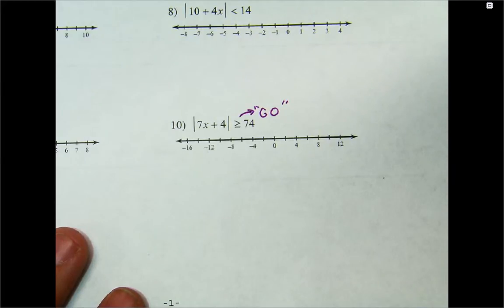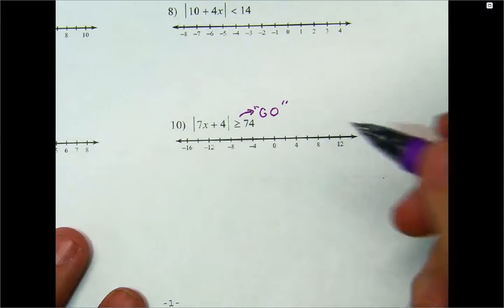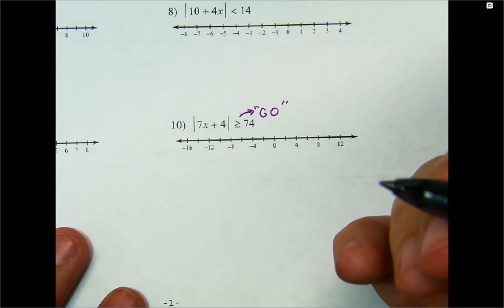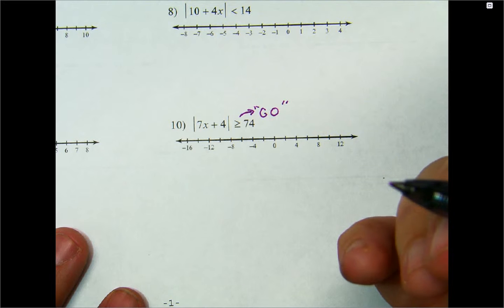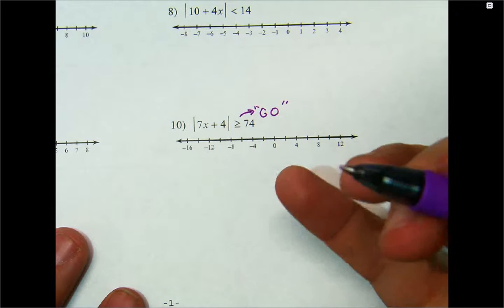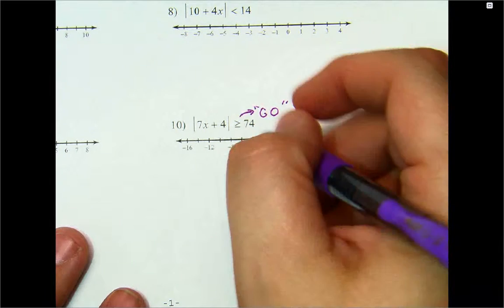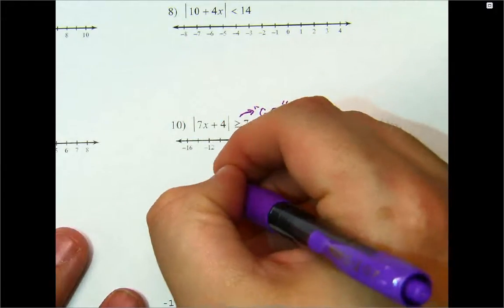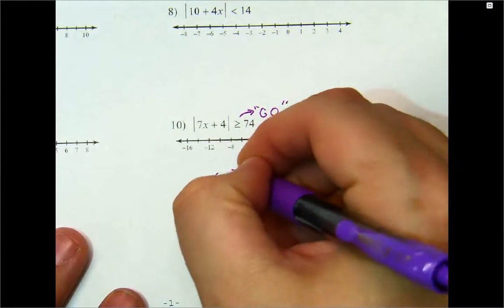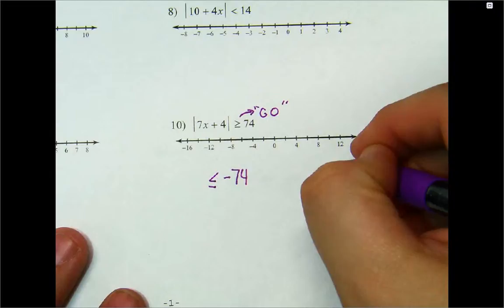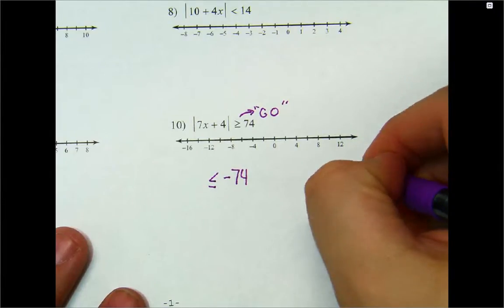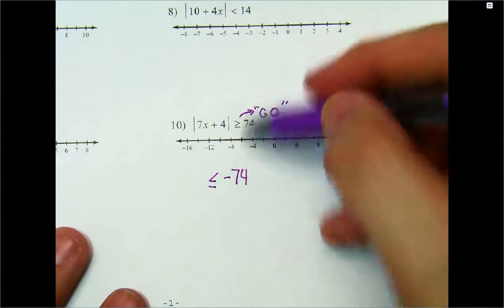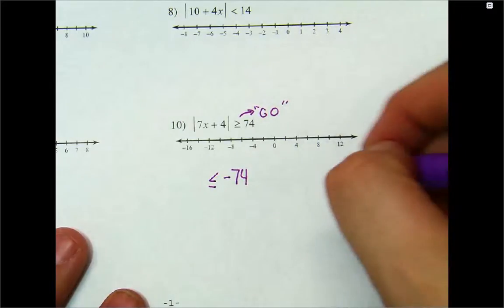Now, when we set up the "go" situation, we're going to set up 2 different situations. One of them is, I'm going to be less than or equal to negative 74, or I'm going to be greater than or equal to 74. So I'm going to be less than the smallest or greater than the biggest version of that number.